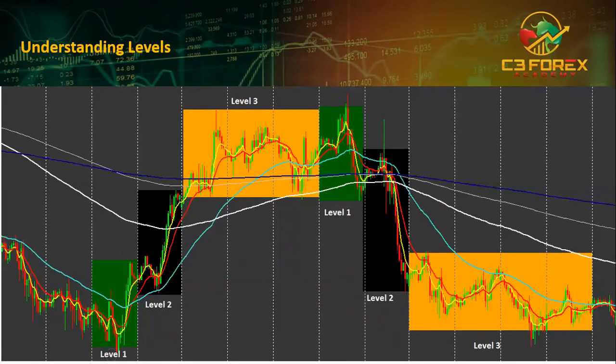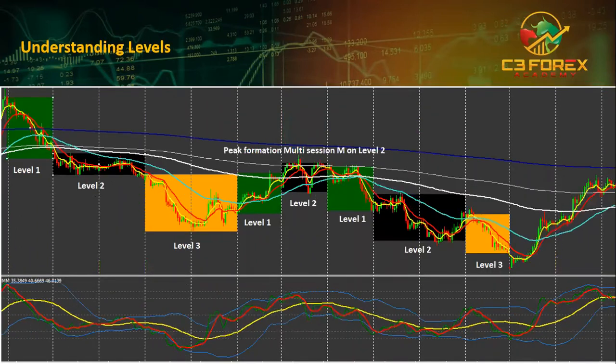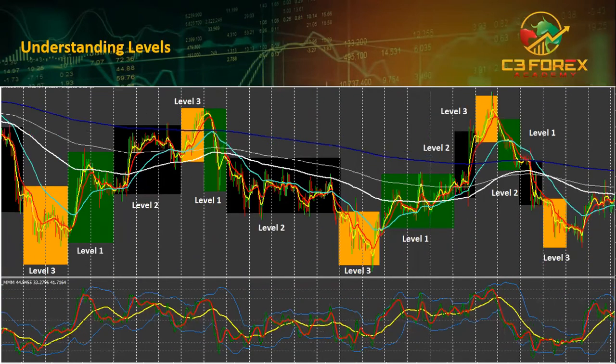All right. So notice how in a lot of these level 3s, like right here, this is your multi-session W. This day took out the low before it took off and confirmed the level right here the next day.